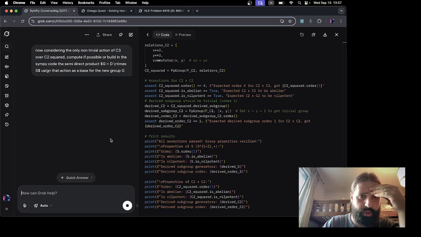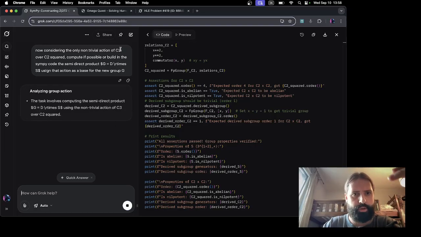It shouldn't need to, really. First, find the non-trivial action of C3 over C2 squared.